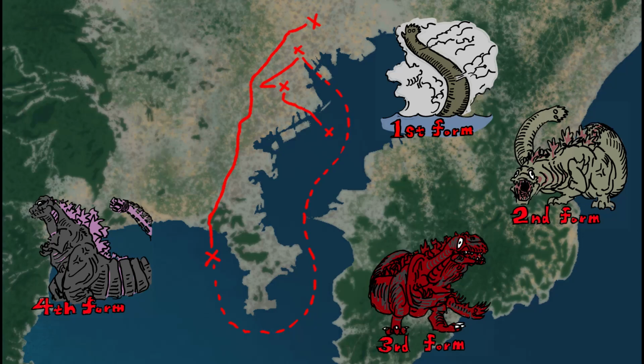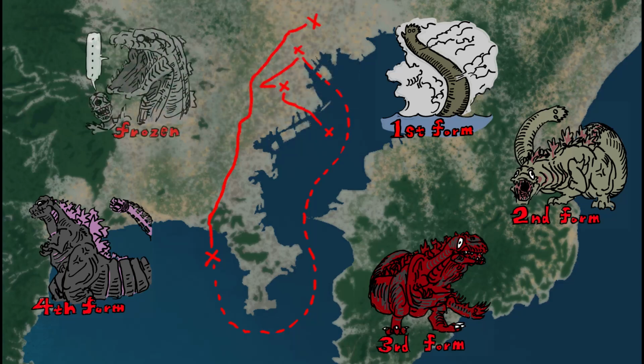For an account of the threat posed by this Godzilla and the bravery of the humans who fought against it, watch Shin Godzilla, a record of the first sighting of the creature.